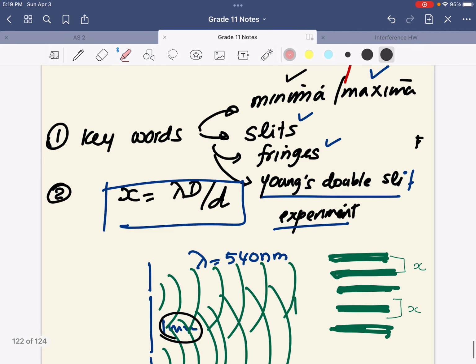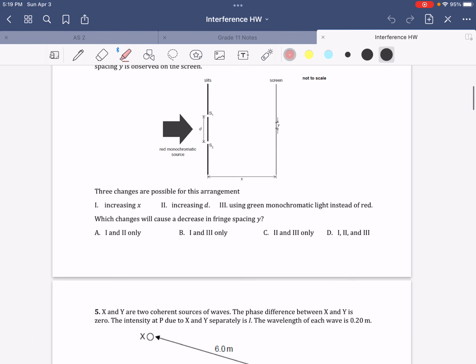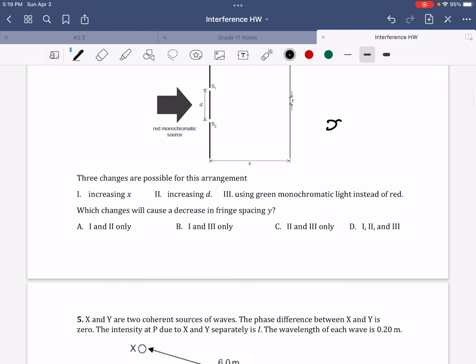I hope we understand this one. Now what you have to do is try all these questions. I found those questions about Young's double slit experiment. They focus on this equation. Do this and see you in the class next time.